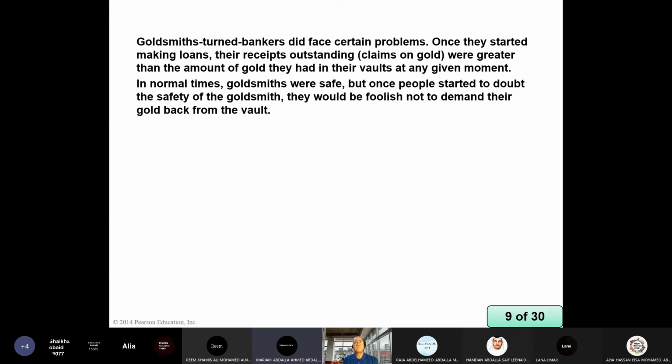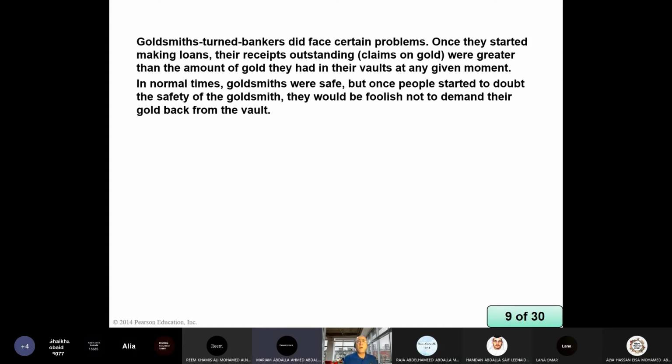In normal times, goldsmiths were safe, but once people started to doubt the safety of the goldsmiths, they would be foolish not to demand their gold back from the wallets.